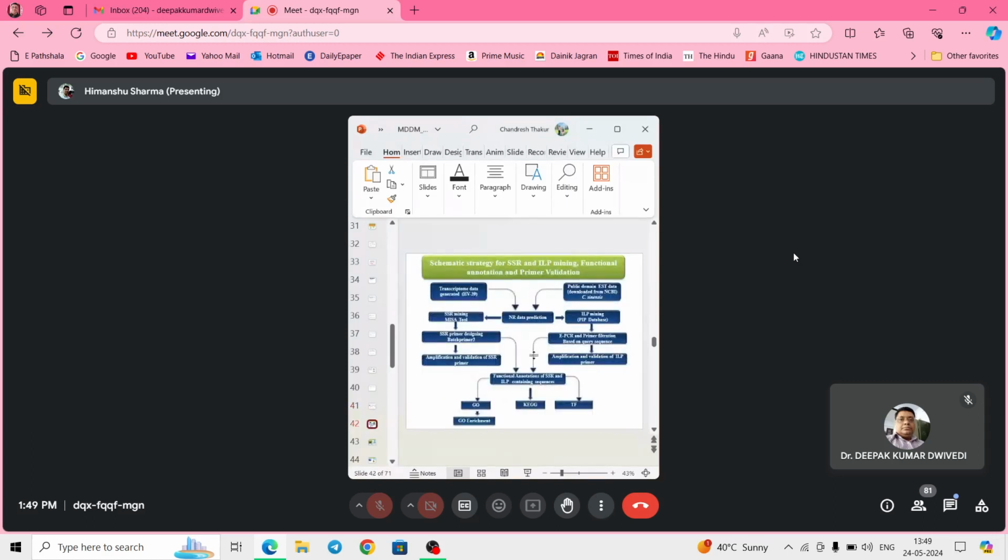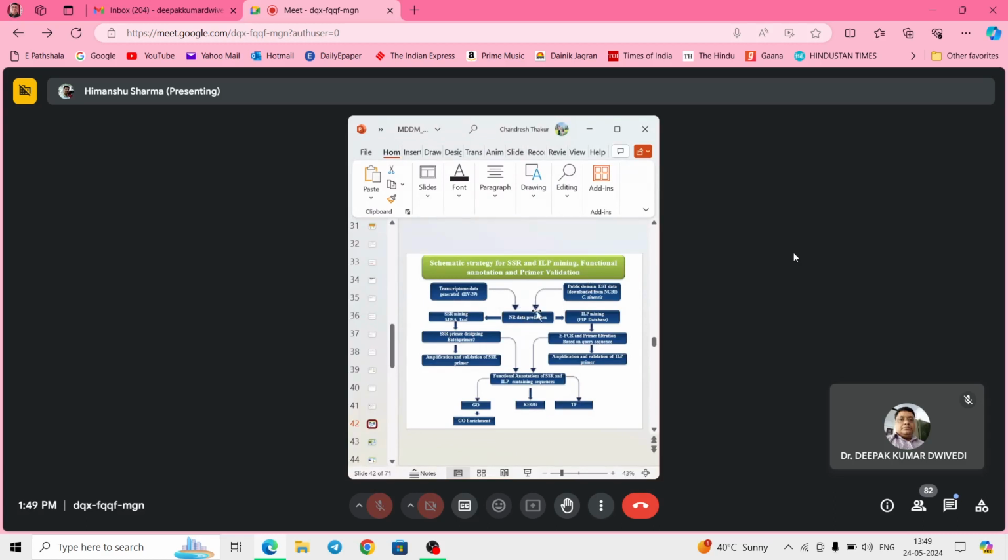So in my PhD, I have targeted two types of markers: intron based markers and SSR based markers. Firstly, the approach is that we have done the transcriptome sequencing of a tea clone, that is HV39, which has high yield, and I also mined the public domain data from the NCBI.